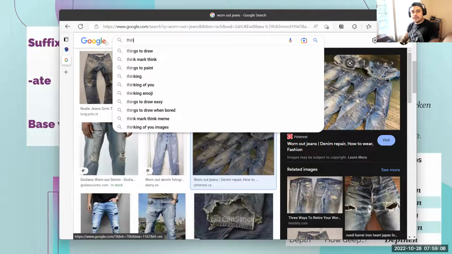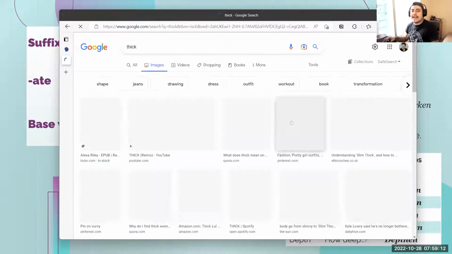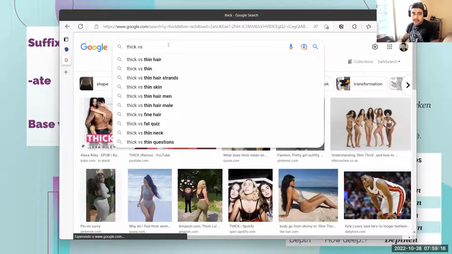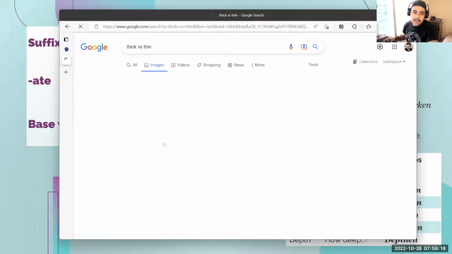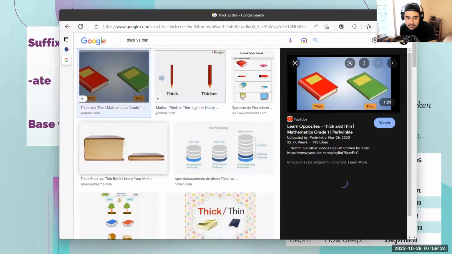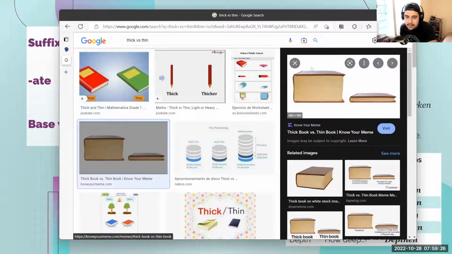There are two ways to say thick. A thick book, let's say, versus thin. This book is thick.